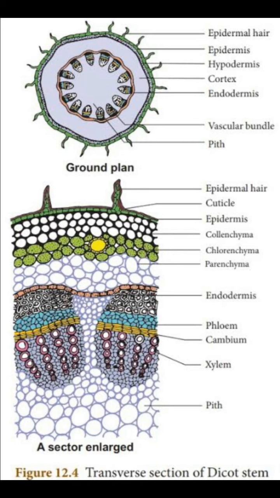Large in number, round in shape, made up of parenchyma cells and having large intercellular spaces, occupying the central portion of the stem, it is called pith. Understood, students? So this is about the dicotyledon stem, with the exemplar study of sunflower stem.